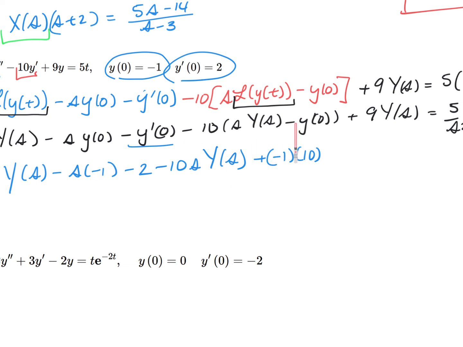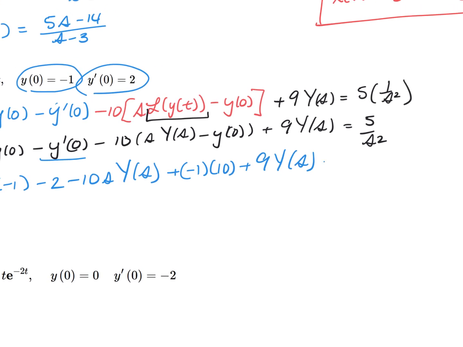Negative 10 multiplied by the negative y of 0 is positive, so that's why it's positive. Y of 0 is negative 1, so it's a 10. And then plus 9 cap Y of s is equal to 5 over s squared.